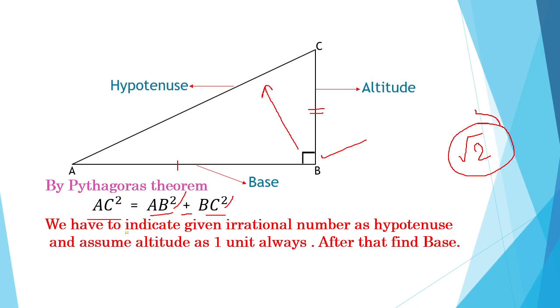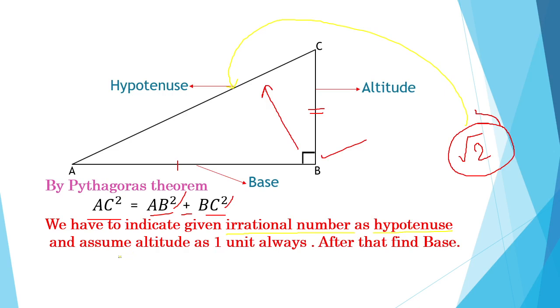So here we have to indicate the given irrational number as hypotenuse. Means AC is hypotenuse, root 2.